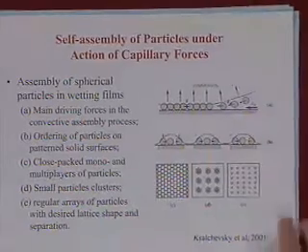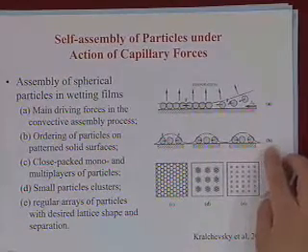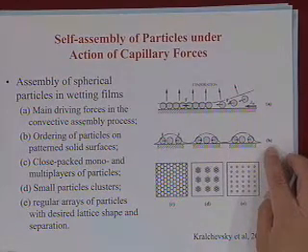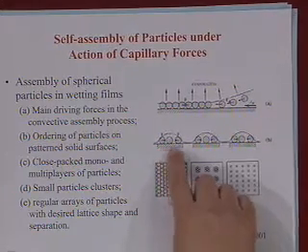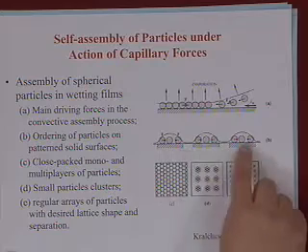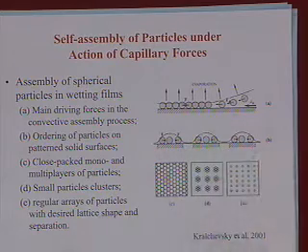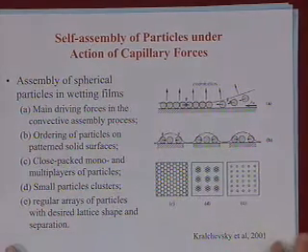Picture B shows the ordering of particles on a patterned solid surface. You can see there are different areas on the solid surface, and people can design the pattern that they want, and then they get the structure they want.